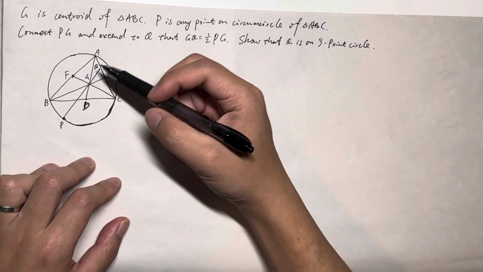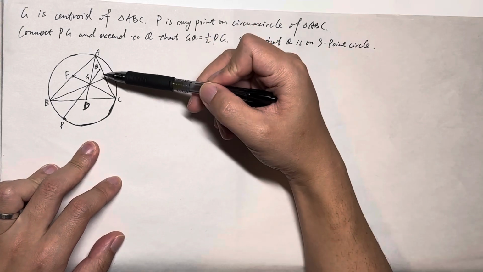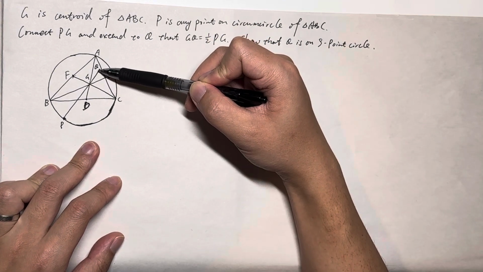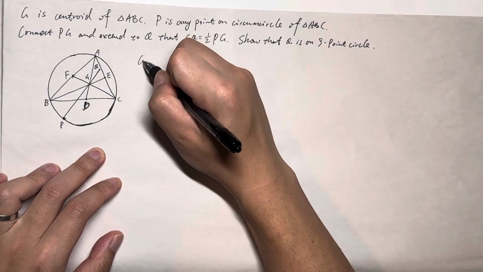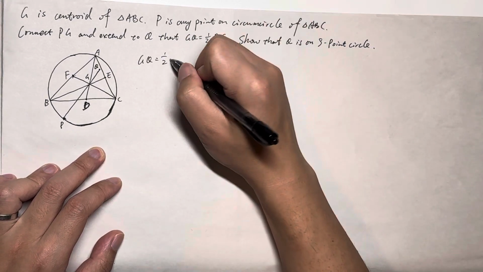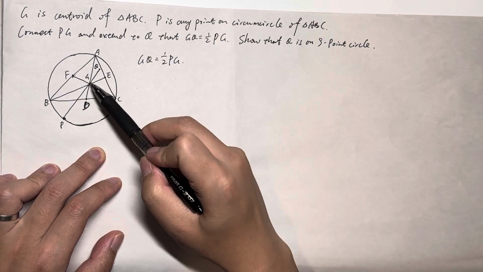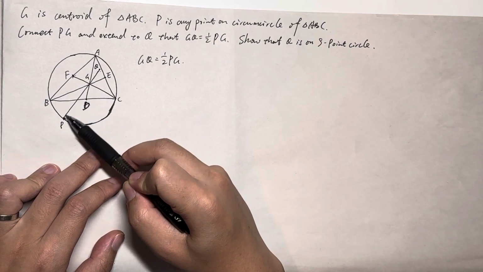To do that, first we need to figure out how to find Q. From the problem, GQ equals half of PG.